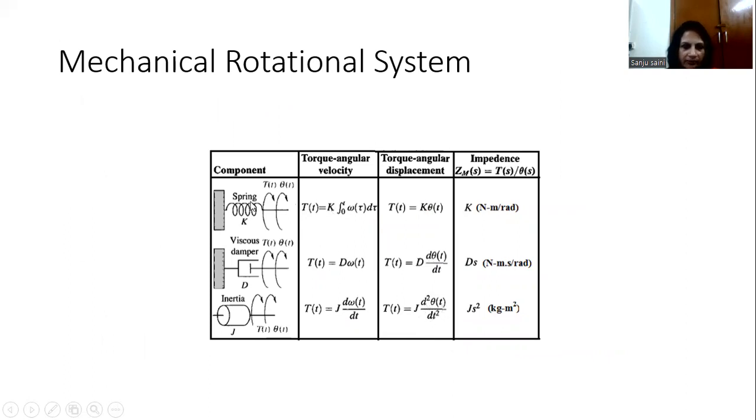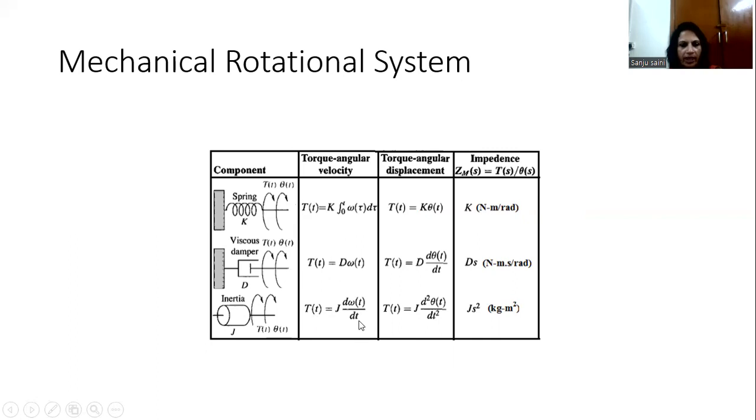The rest is the same. In this case also we are having the spring opposition, friction opposition, and then inertia opposition. In this case, the total torque, and J is the rotational inertia, torque is equal to J into dω/dt.